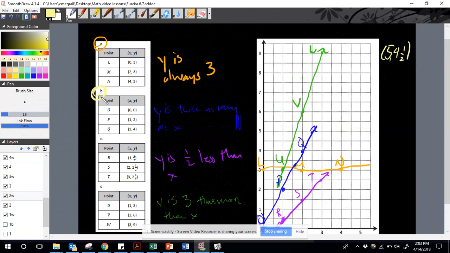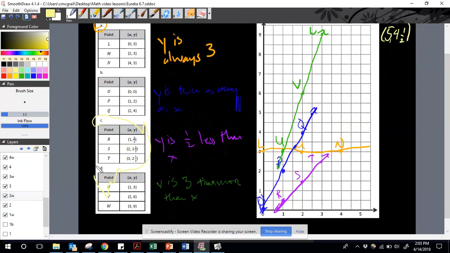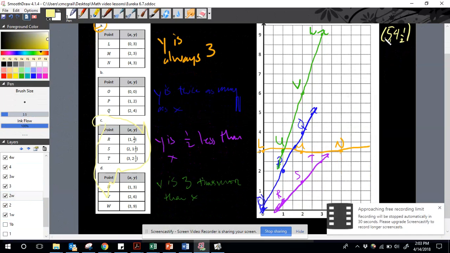Nope, let me undo that. It's got to be this one, line RST, where y is always 1/2 less than x. So it's line C.